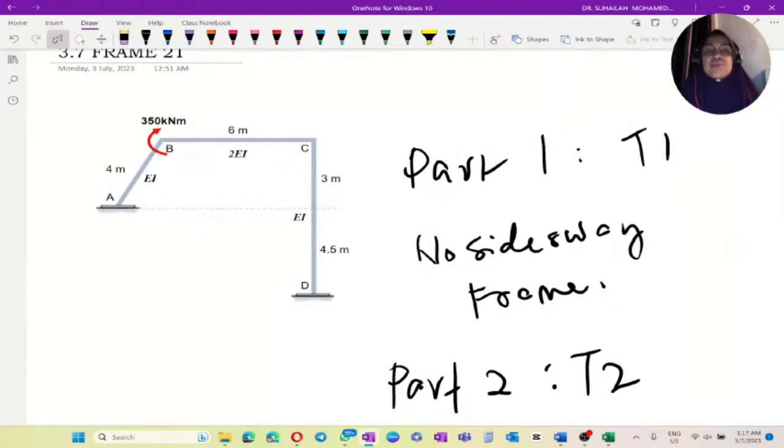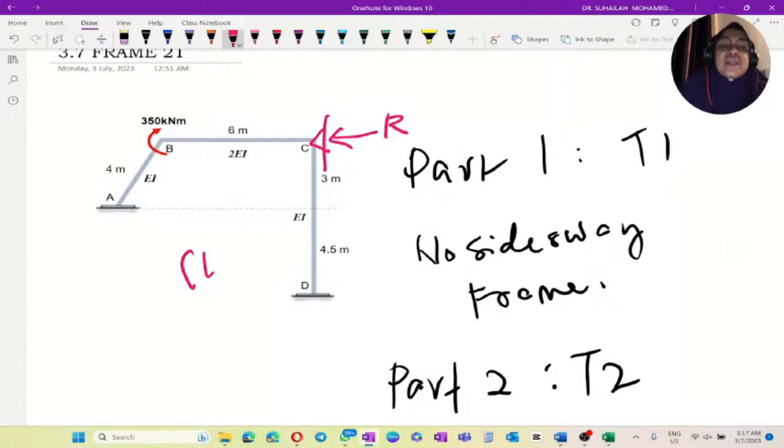So for the no sidesway frame, it means that we have to put one imaginary pin here, and due to this there will be R here. So this is the diagram we analyze under part 1, the no sidesway frame. This is the properly restrained frame.